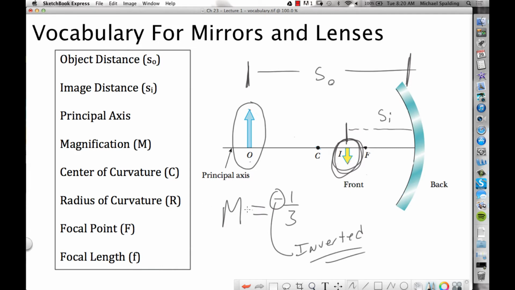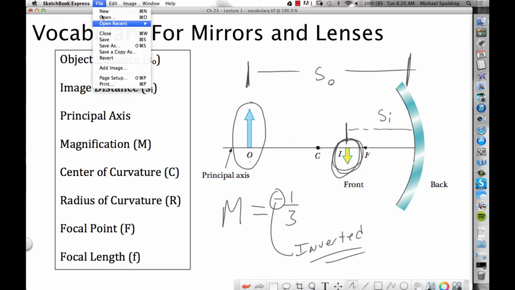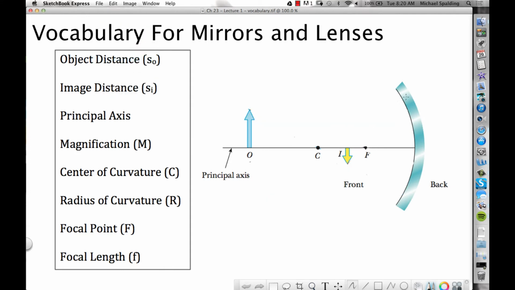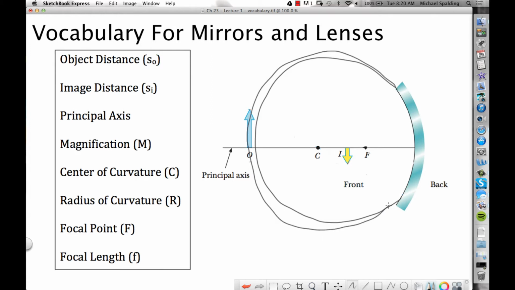Okay, center of curvature. Now look, these mirrors here, they're referred to as spherical mirrors. See this right here, see our mirror? We call this a spherical mirror because it's like it came from a sphere. Can you imagine that? Like we just extend that circle, right? Would this circle have a center? Yep, it's right here.